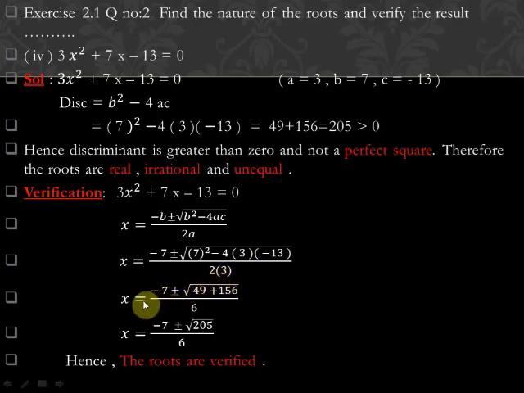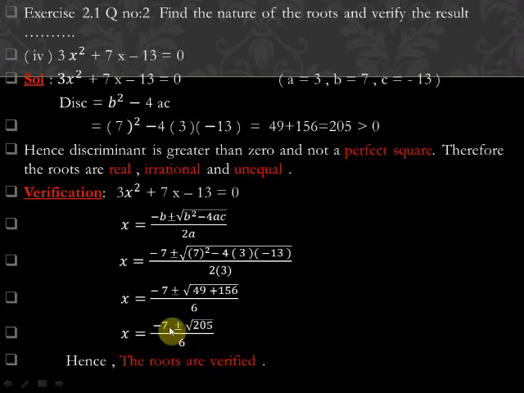On simplification, we will get x is equal to minus 7 plus minus under root 49 plus 156 over 6. And finally, x is equal to minus 7 plus minus under root 205 over 6.